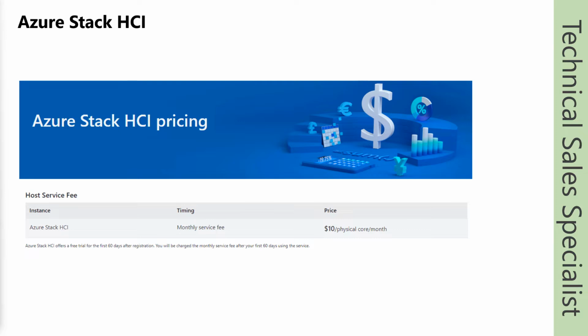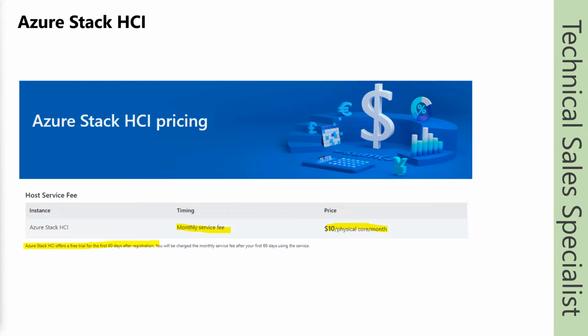Important is that we have 60 days without any additional costs. So we have a 60 days trial after installation. So even if we use the system in production, the first 60 days are free of charge. After this, we have a monthly service fee of $10 per physical core per month.